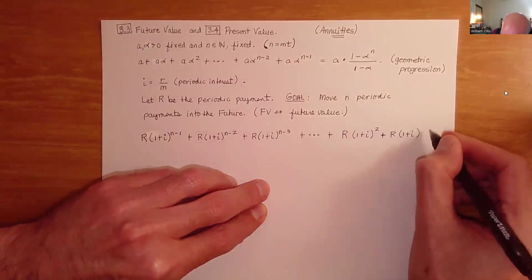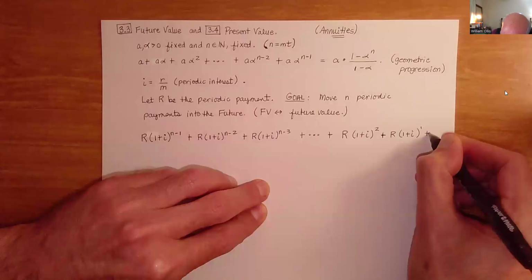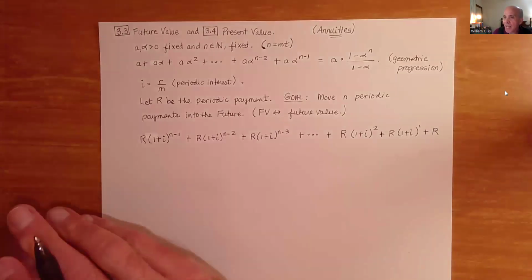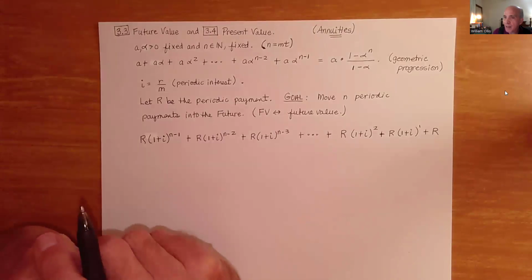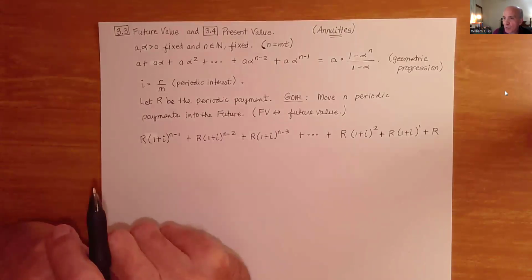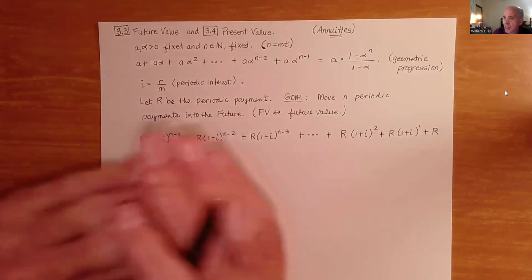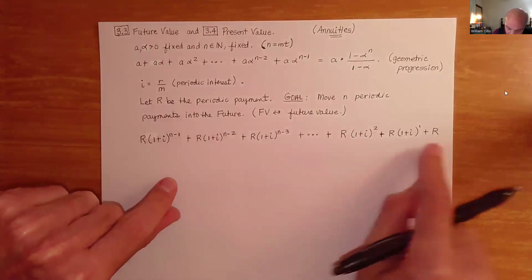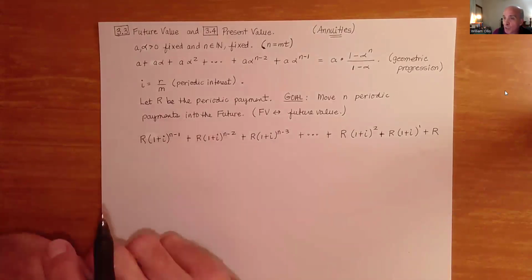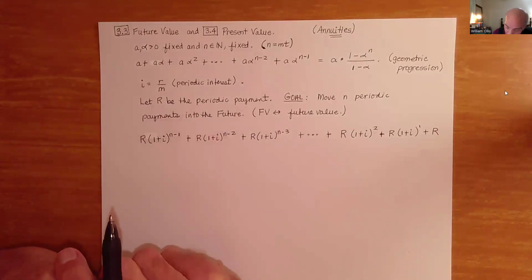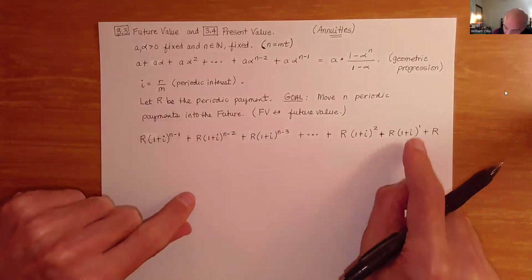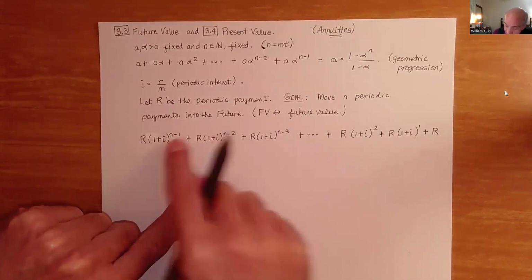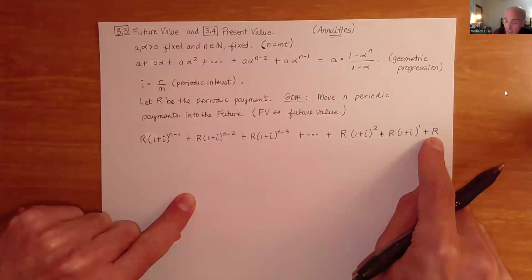And then the very last payment that doesn't move at all. So that's the very last payment you make, and so that's already in the future. So we don't move it anywhere. It's the last payment. So notice here, we have n-1 payments that have been moved into the future. And the way to do that is to see we have R here, and we progress to n-1, and then the additional R here for n payments.